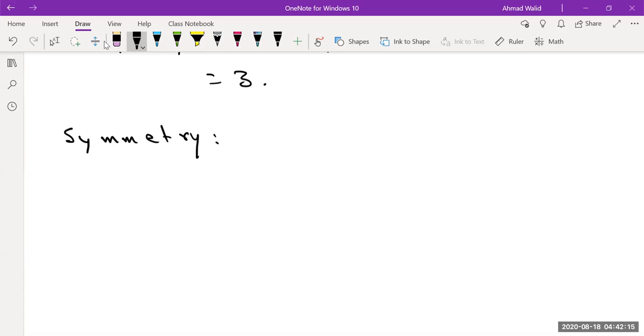For example, if I have a function, f of x equals x squared, this is the only easy function that I know. I know the shape of this function is a parabola, correct?